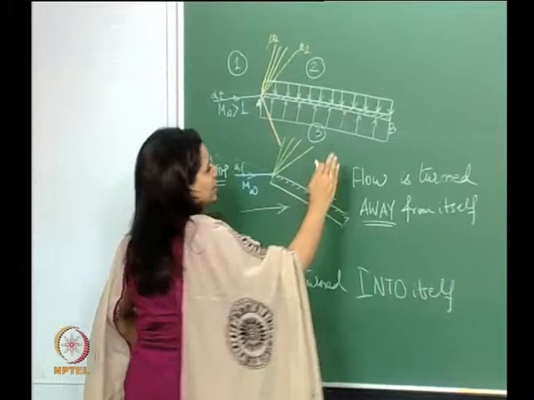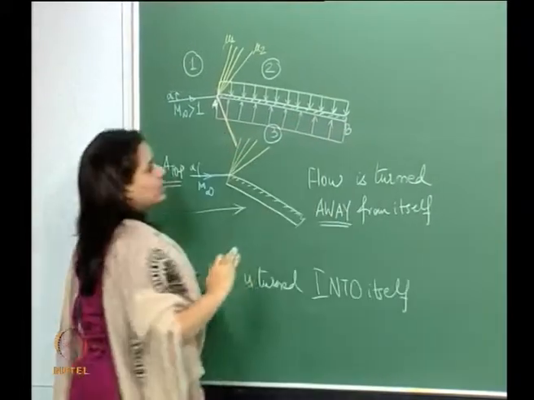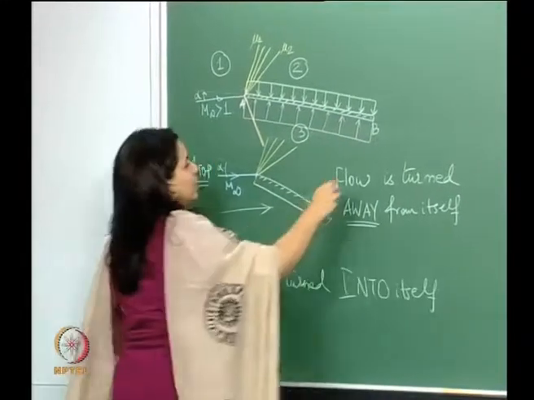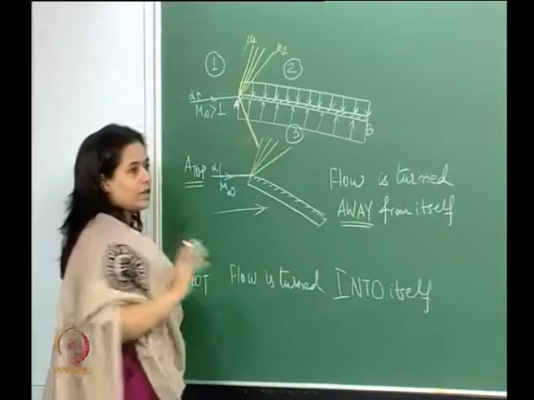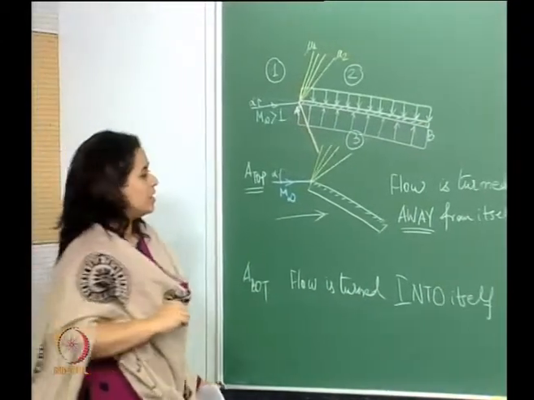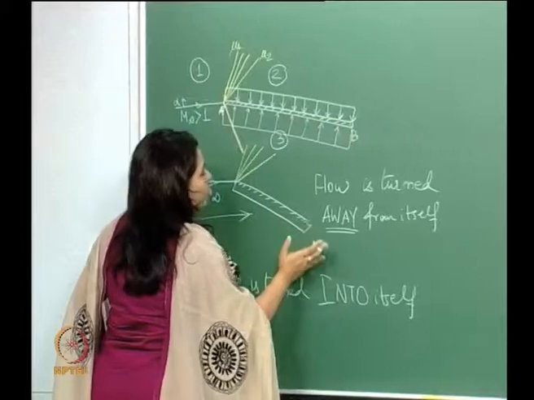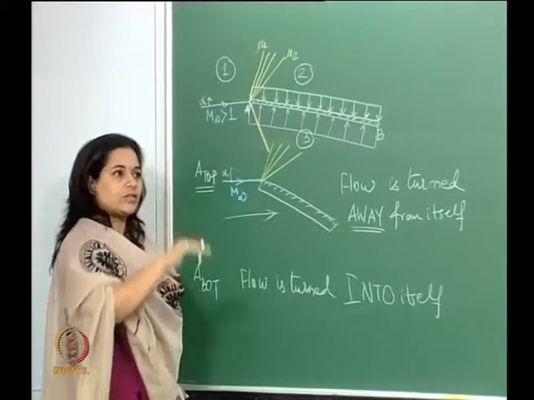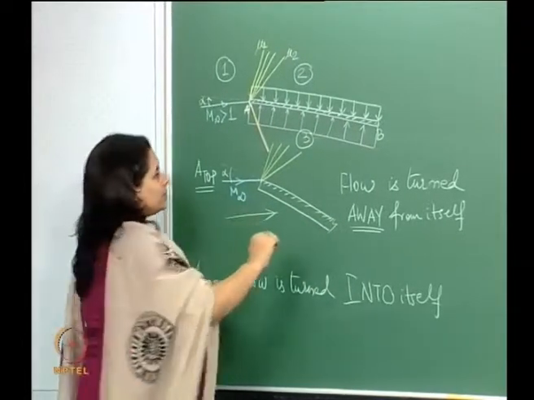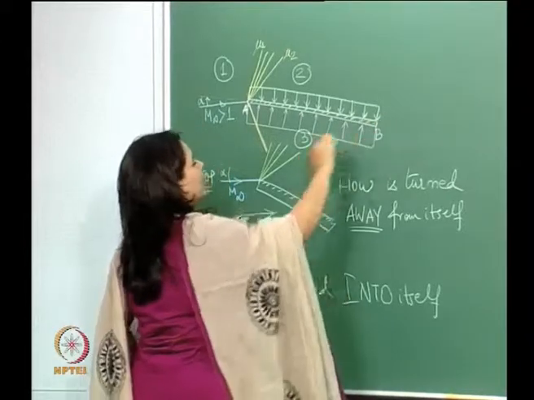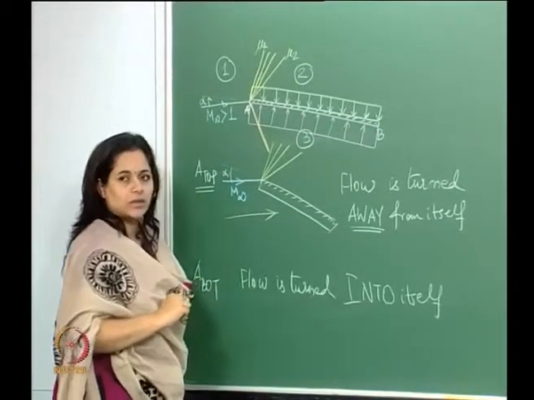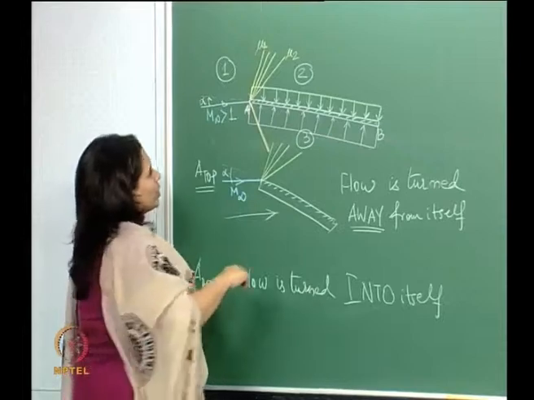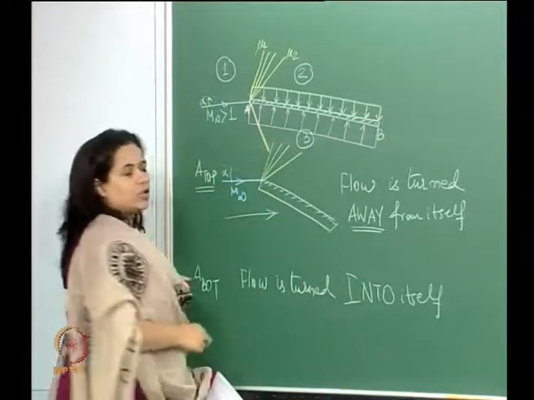So in order that it follows the free stream smoothly at point B, this will have to be shocked, so to speak. So basically we will turn the flow into itself, so that it keeps following the free stream when it leaves the top surface at the point B. So what we will have here now is a shock wave.